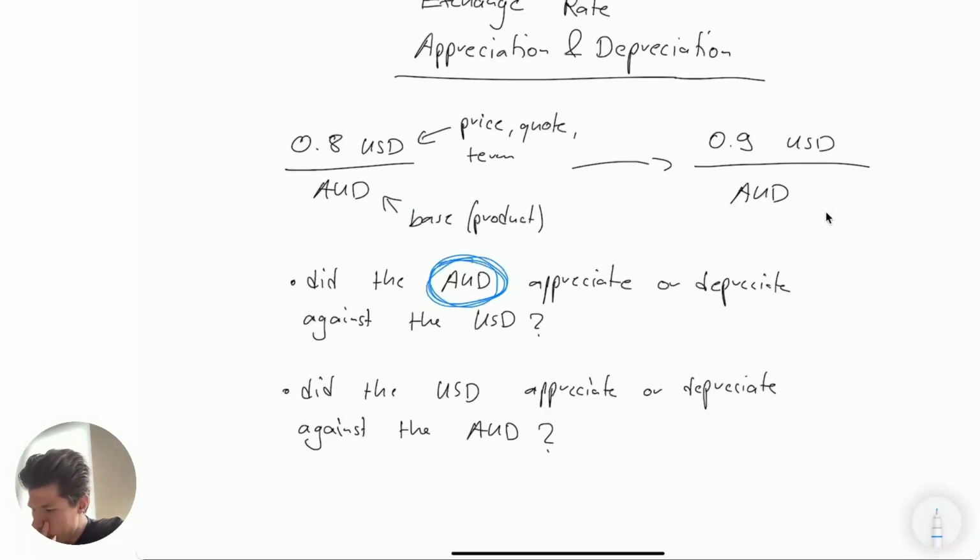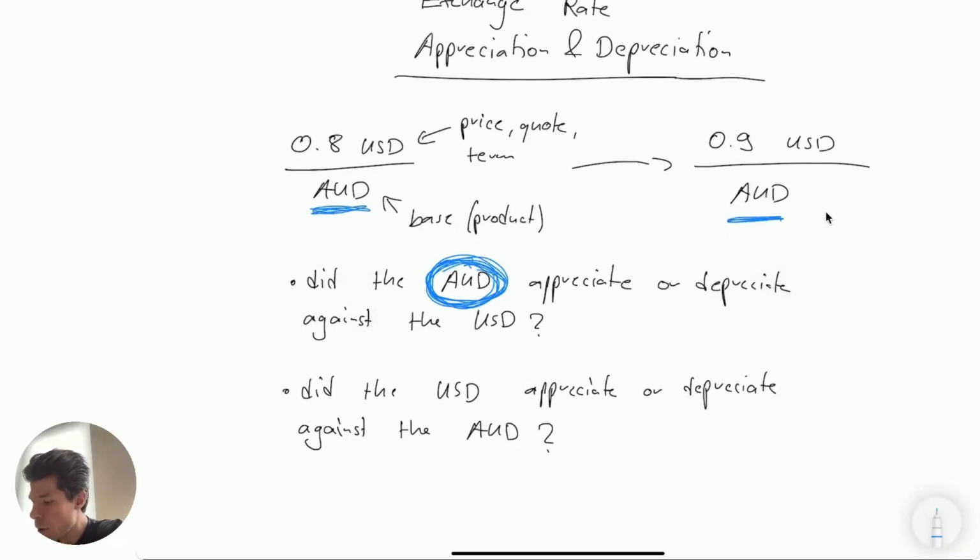In order to answer these questions, we need to look at exchange rates that are expressed in a way where your product is expressed as base currency. So if we want to know more about AUD, we need to look at exchange rates that put AUD in the denominator, which is the case here and here.